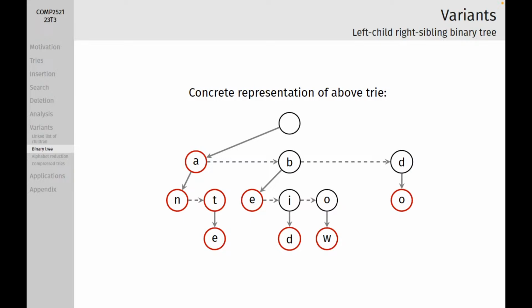Suppose we want to search for the word bow, B-O-W. How do we do that?